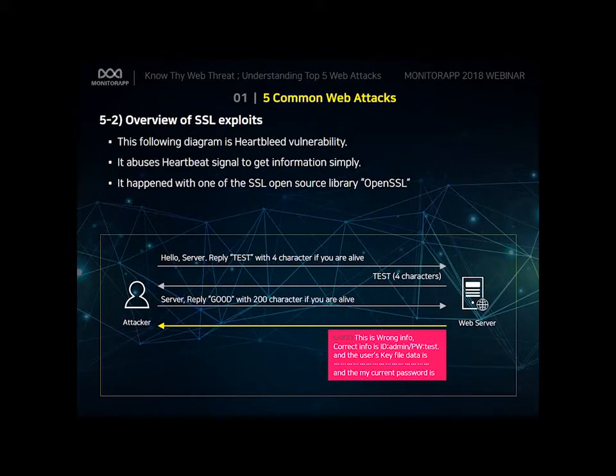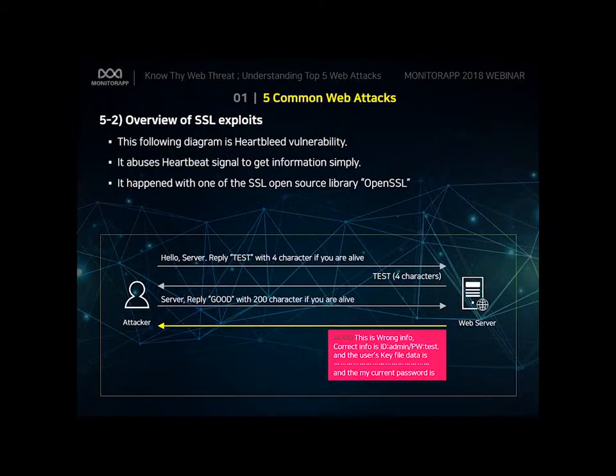It is a technique that exploits the heartbeat used for SSL communication. This vulnerability was found in OpenSSL, one of the SSL open source libraries. The Heartbleed attack uses the state check signal of a server called the heartbeat in SSL communication.